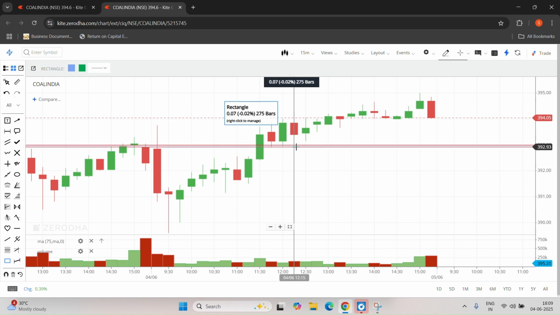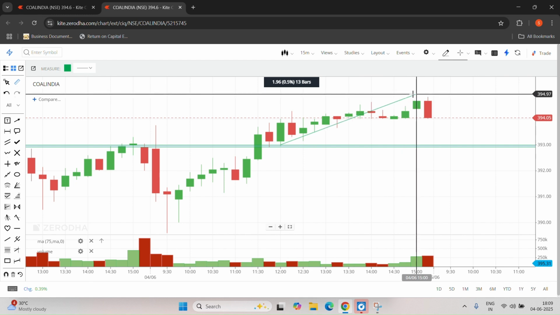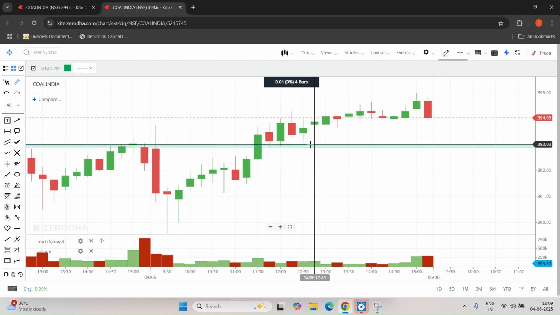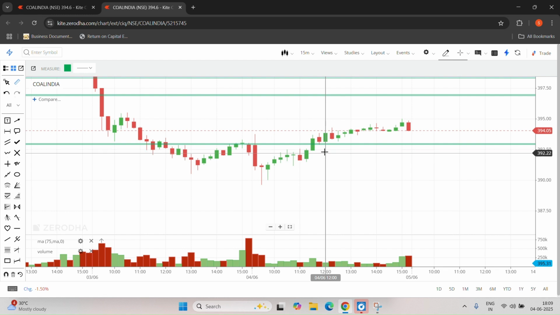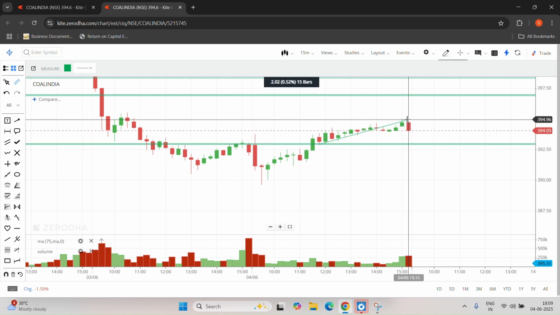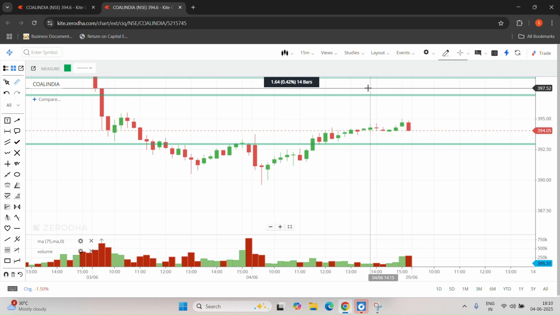For intraday, to here, it has moved 0.5%, that is from 392 to 390, 1 rupee something. But for intraday, even a 0.5% move you capture, and it is really good, isn't it? Somewhere a 2 rupees move you could have captured in this particular stock.